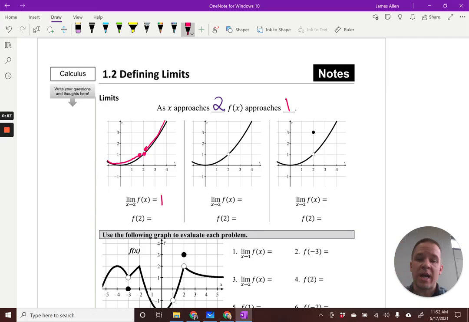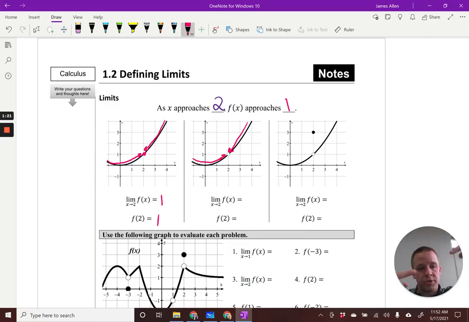Now, what is f of 2? You've done that many times, right? F of 2, the function value at x equals 2, is also 1 in this case. It's not always going to be the same. Let's take a look at the next one. The limit, once again, as x approaches 2. Coming from both sides, that graph is approaching 1.